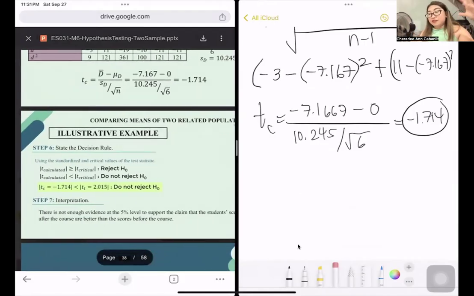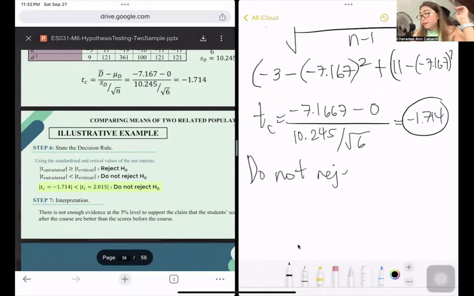Therefore, wala pa enough evidence to support the claim that your scores now after the course are better than before the course. So, do not reject H0. The mean D is equal pa to 0. Dili pa siya better. Alright?